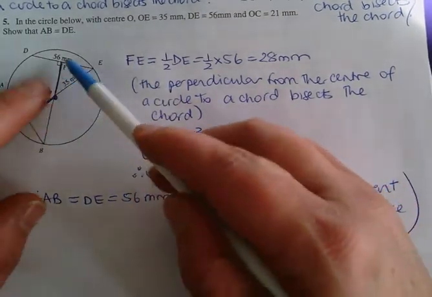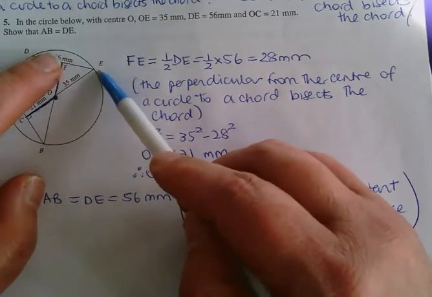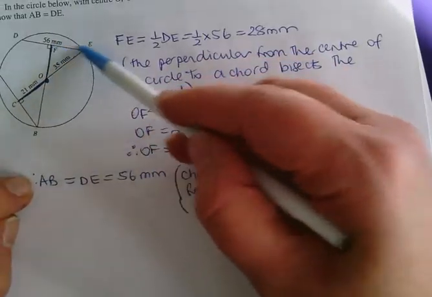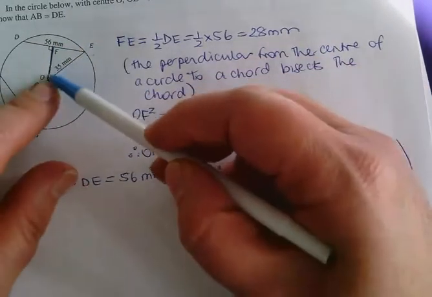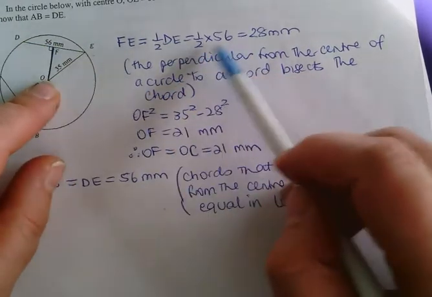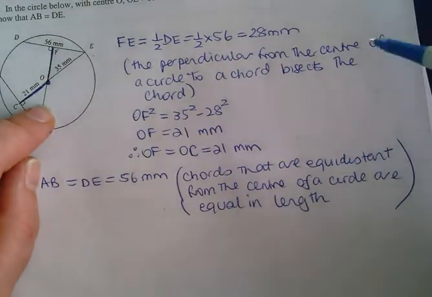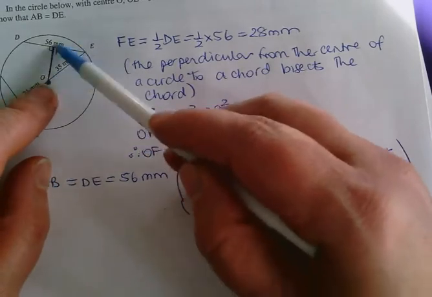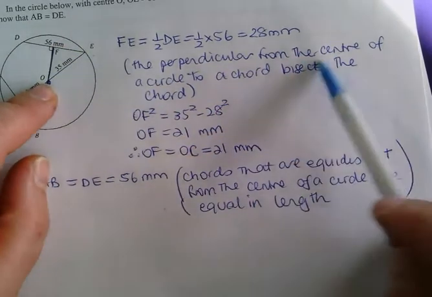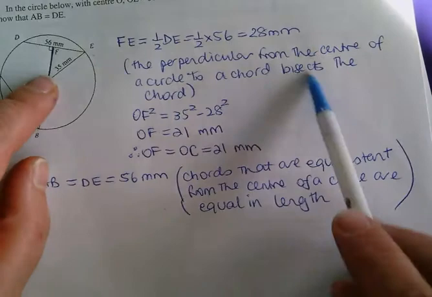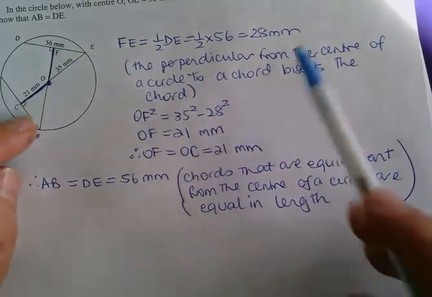So we need to find this distance. Let's work in this triangle here. We know that FE is half of DE, which is half of 56, so it's 28 millimeters, because the perpendicular OF from the center of the circle to that chord bisects the chord.